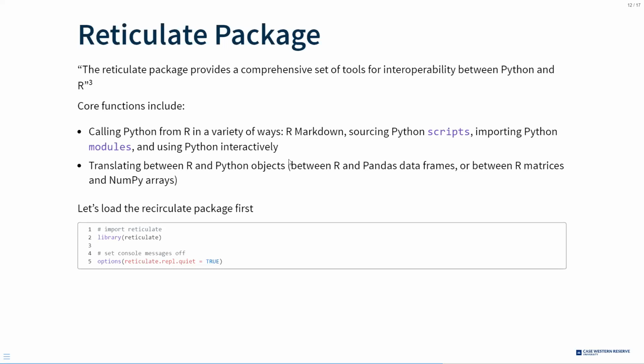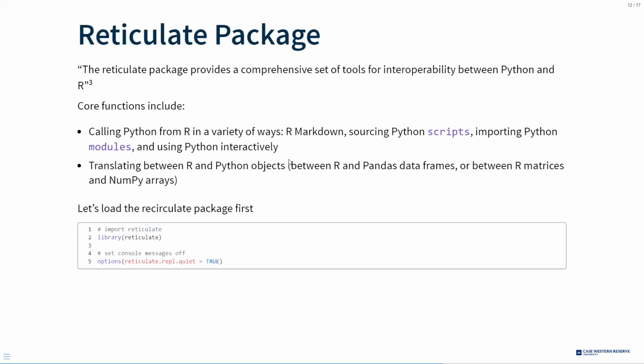So if you have a script written that has Python code inside of it, you can call that directly from reticulate and run an entire Python script through that. Or you can also import Python modules. So if there are certain libraries in Python that accomplish tasks that you're interested in, you can load up those libraries and use the logic of that.